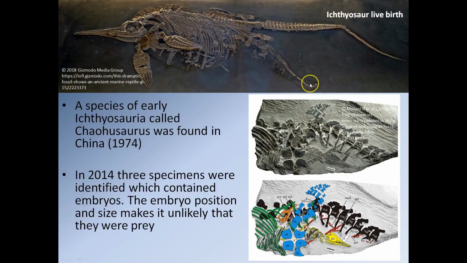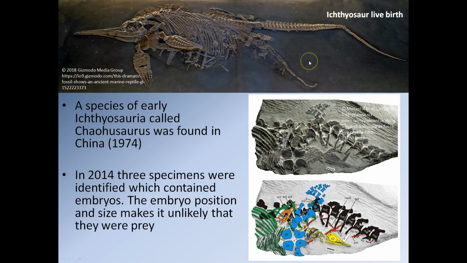Now, obviously, the first possibility is that maybe it ate the baby ichthyosaur. Well, we know that it didn't eat the baby ichthyosaur for a couple of reasons. Number one, the baby ichthyosaur's skeleton is complete. It's fully articulated. There are no signs of the skeleton having been chewed. So there are no teeth marks, which would suggest it had been caught by the ichthyosaur and then swallowed.